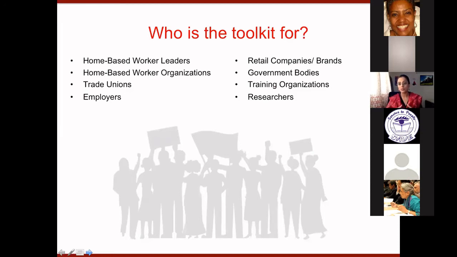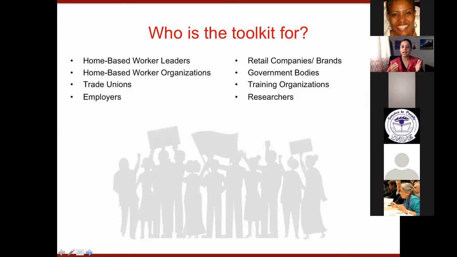If they want transparency till the last mile, this toolkit is very helpful for them. We also believe it's important for government bodies if they want to provide recognition to home-based workers, to understand the situation of home workers in the garment supply chain. And it is important for training organizations who train around supply chains, garment supply chains, home workers. And it's very important for researchers because it has a lot of important content.